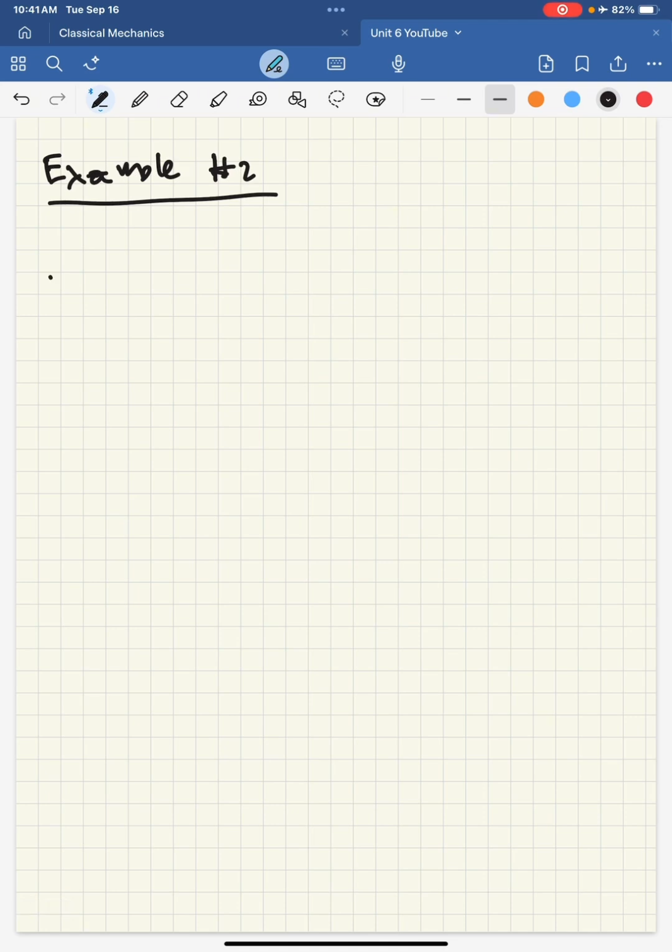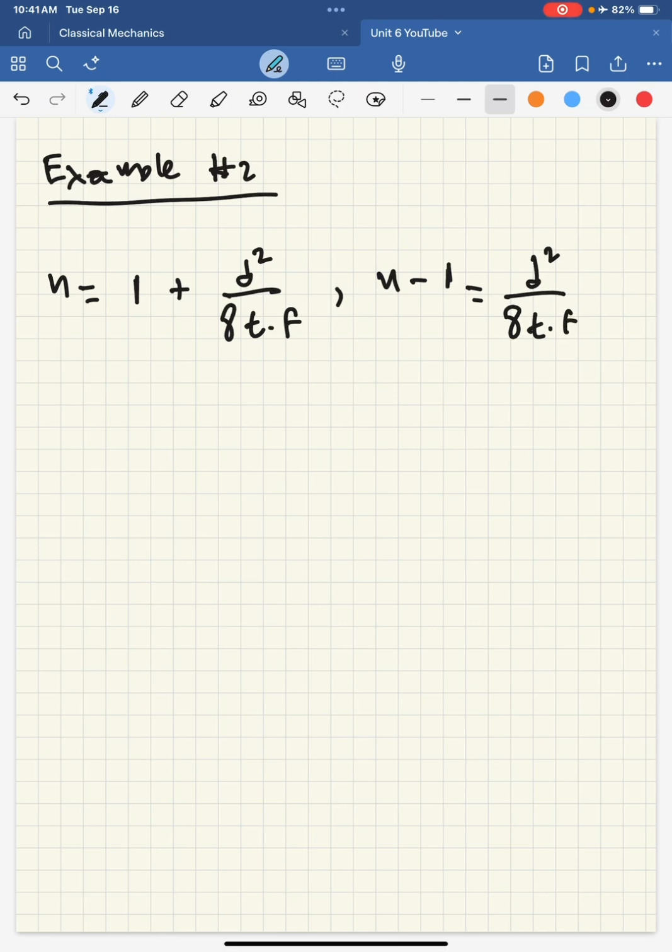All right, so we have this quantity n given as 1 plus d squared over 8 times, I cannot read my own handwriting, so t times f. For some reason I solved for n minus 1, which is d squared over 8tf. Now d is again some length given as 5.02 plus or minus 0.02 centimeters.